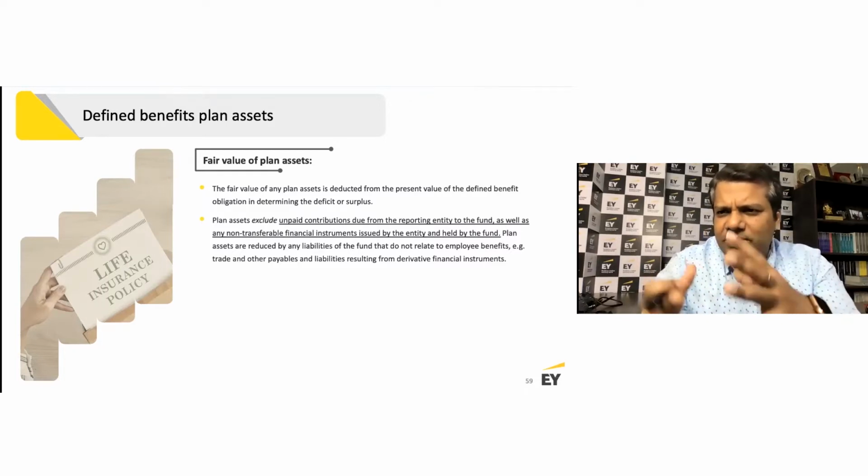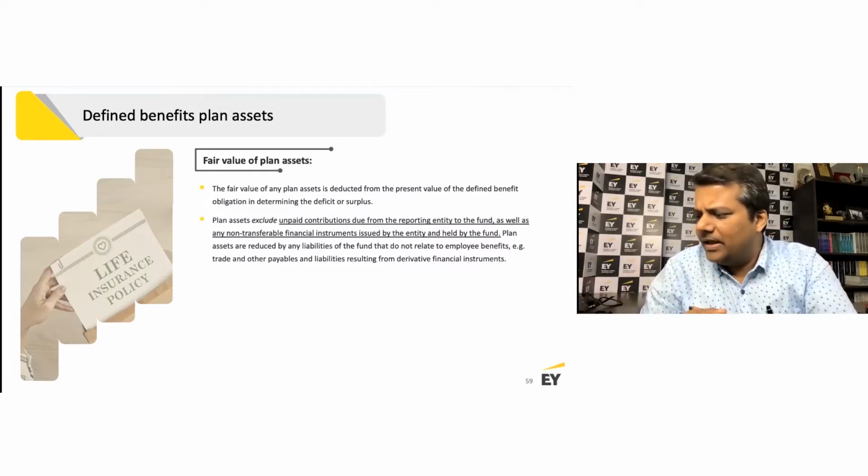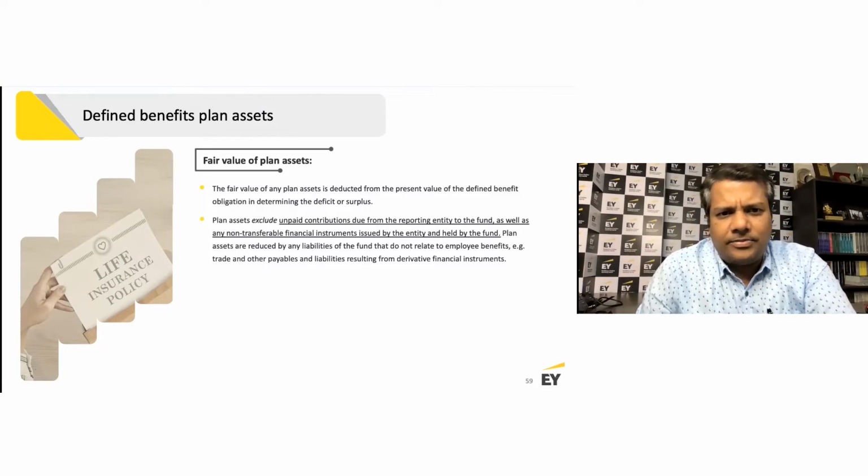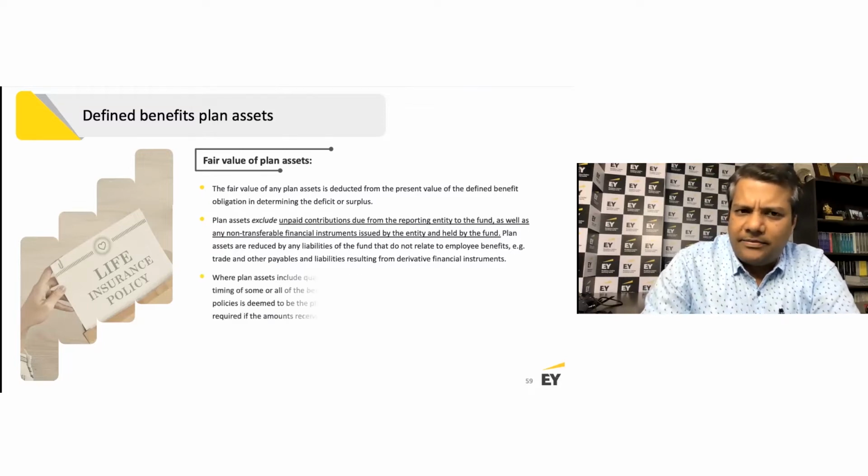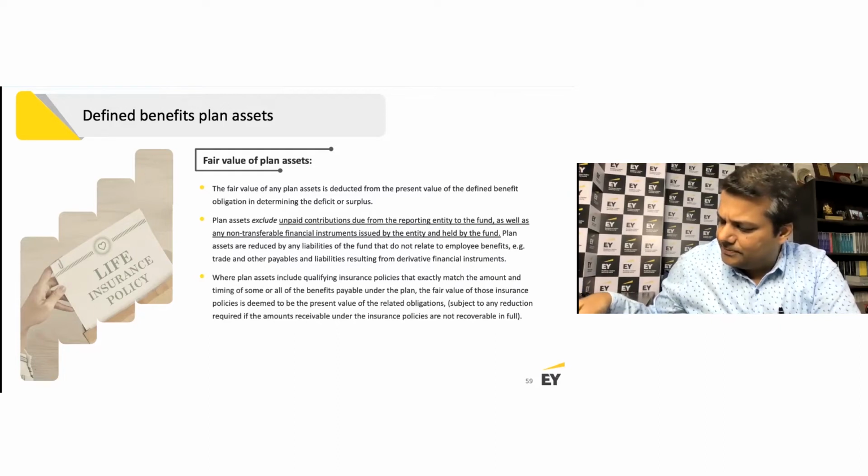So if there is anything which is pending, you have to exclude that. And plan assets are reduced by any liability to the fund that does not relate to employee benefits, for example, trade and other payables, and liabilities resulting from derivative financial instruments.